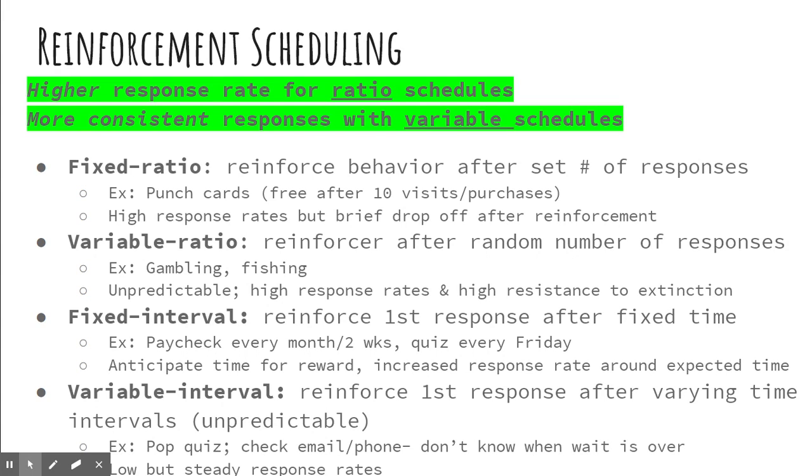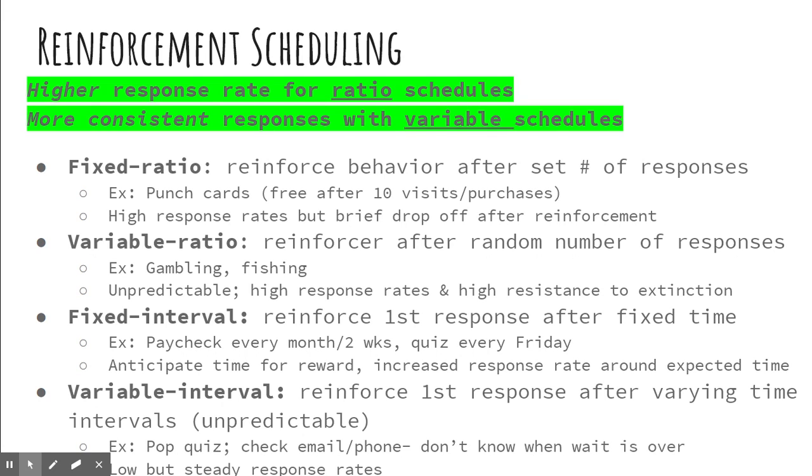And then ratio and interval: ratio deals with number of responses, whereas interval is amount of time. Okay, so ratio is the number of times that you do something. Interval is the amount of time between your responses.